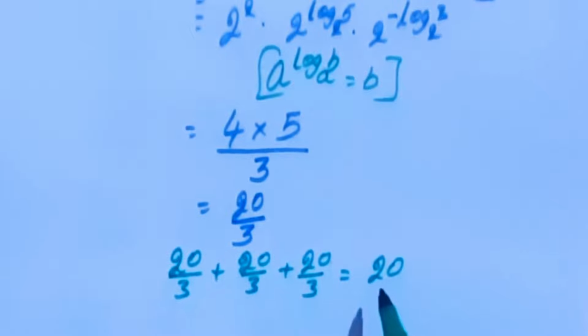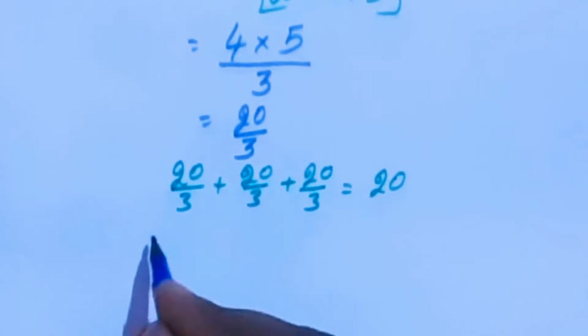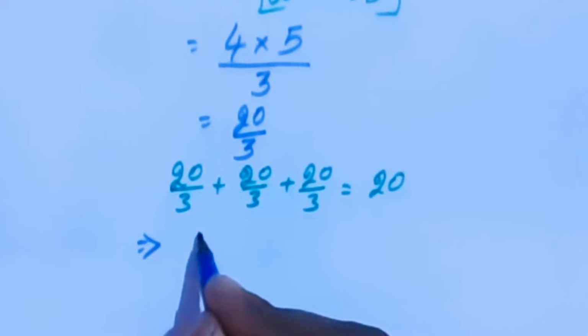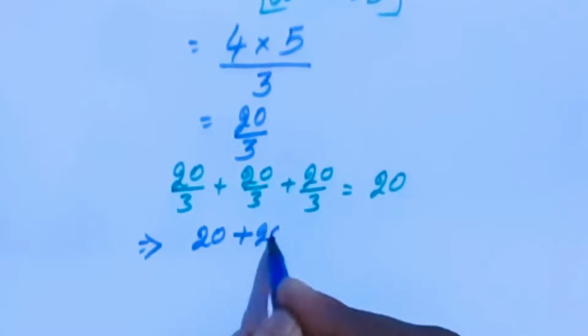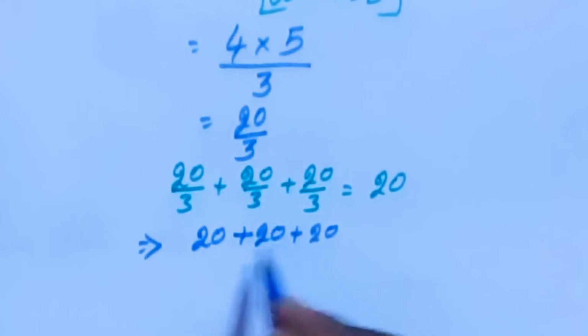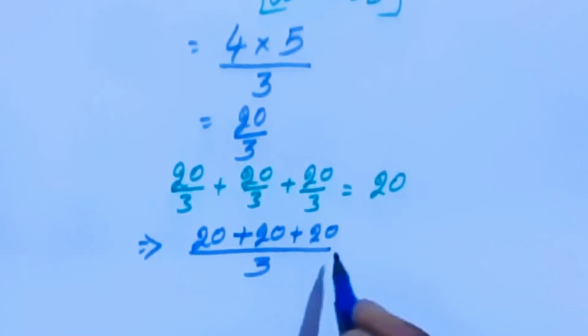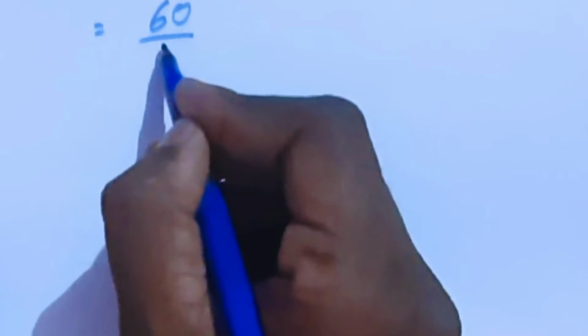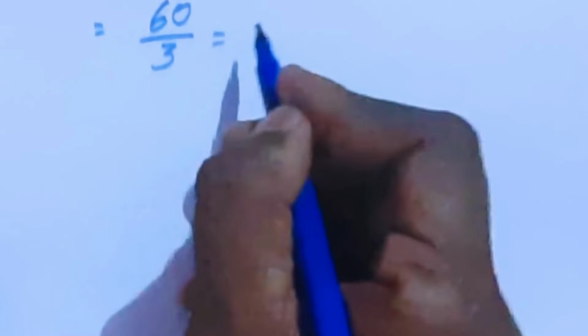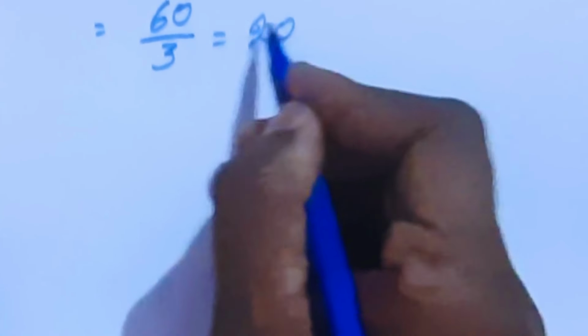This is the given equation. Now here 20 plus 20 plus 20 is 60 by 3 equal to 20.